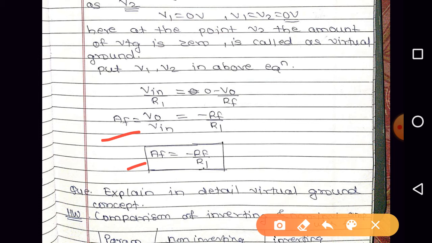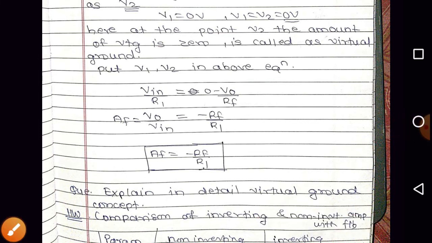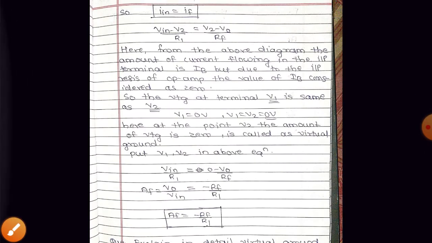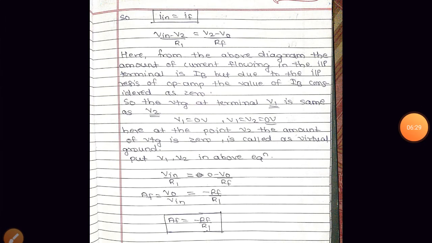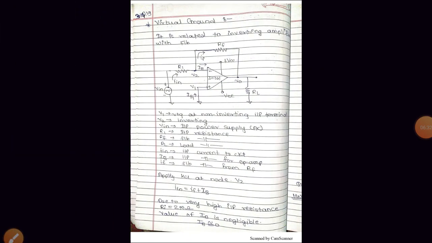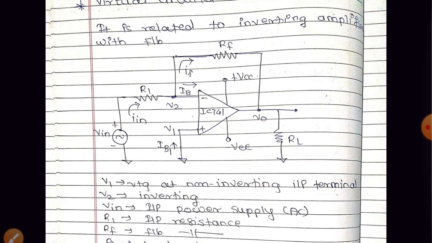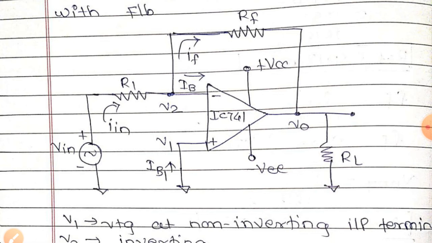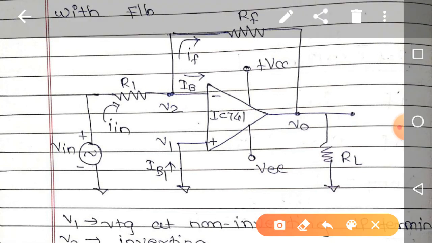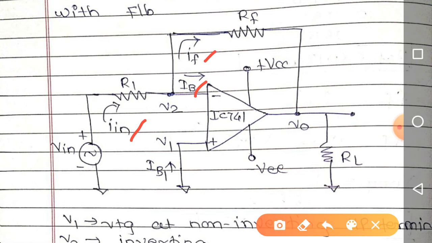So what is the exact virtual ground? It is the imaginary ground. See in the diagram. According to the KCL, Iin is equal to IB plus IF, but IB is nearly equal to 0.